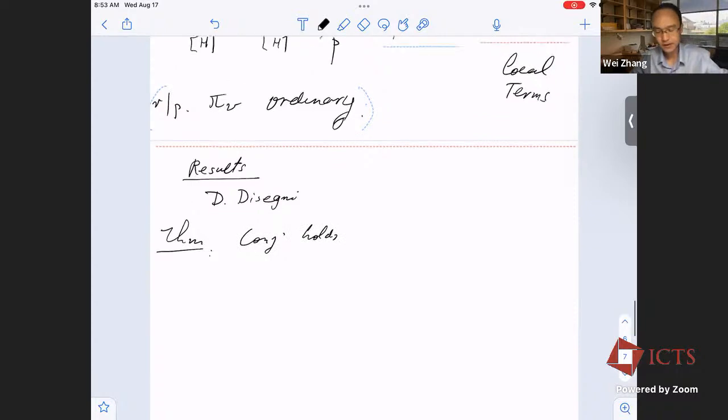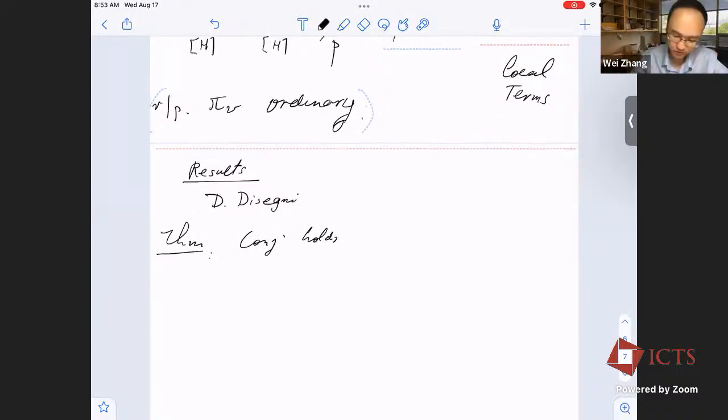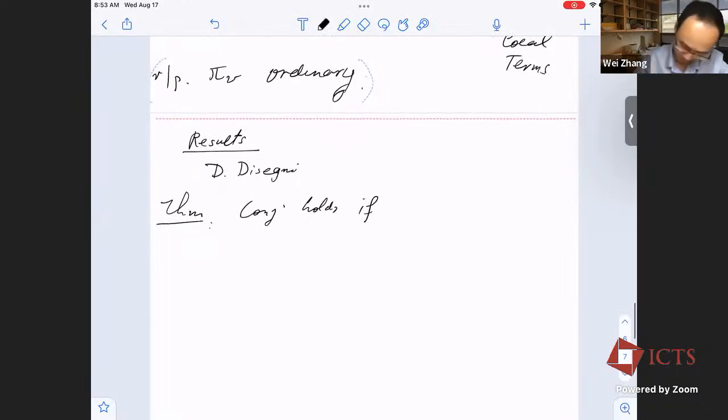under a lot of conditions, such as: suppose. Let me be sure I didn't miss any important conditions here. Right. So p needs to be good ordinary. Not just ordinary, but also good. So for all the p-adic places, the following conditions.